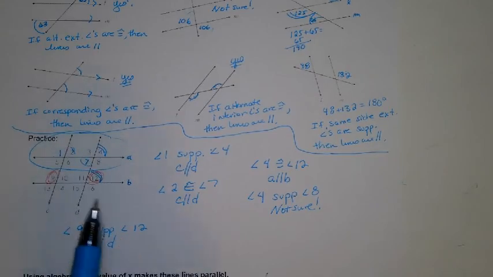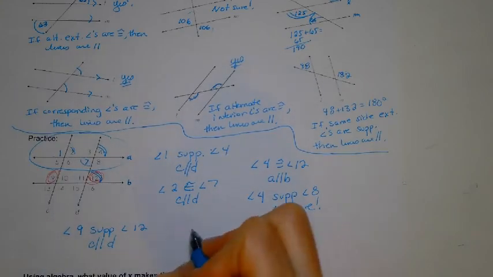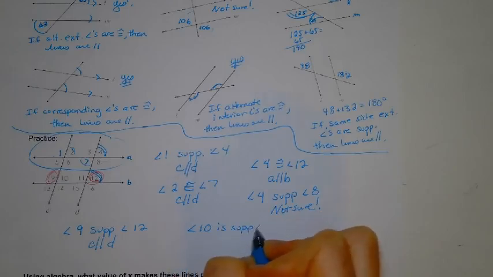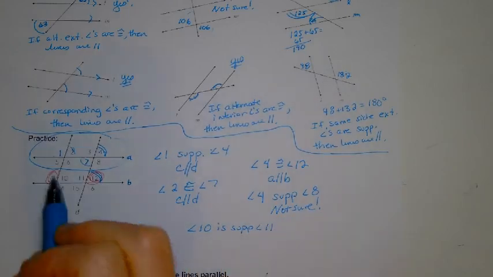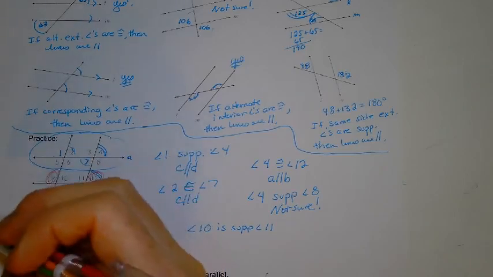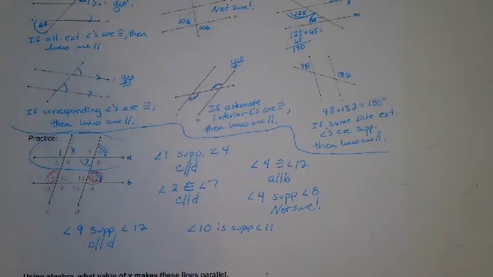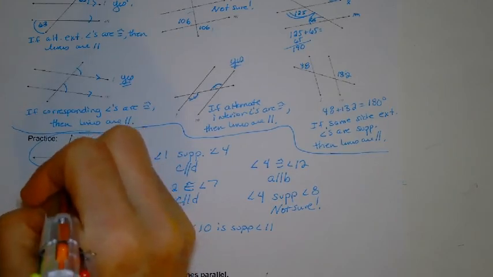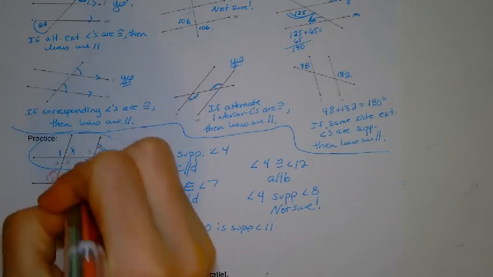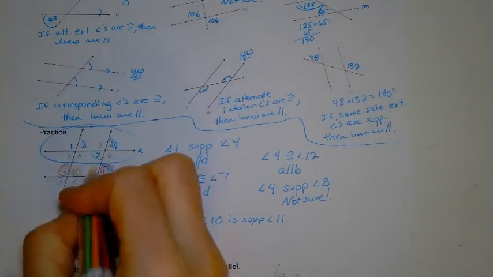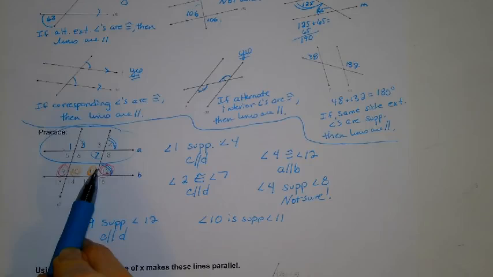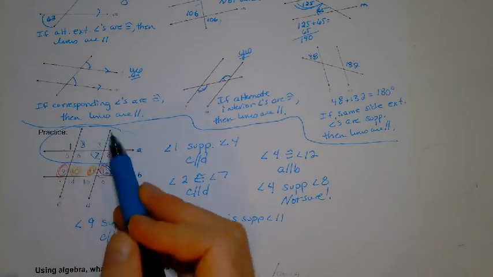Let's say angle 10 is supplementary to angle 11. So these two angles right here, this one and this one, can you tell that that's orange? Okay, so 10 and 11. Well, if these two angles are supplementary, then yes, we can say that these two lines are parallel to each other, because these are same side interior angles.